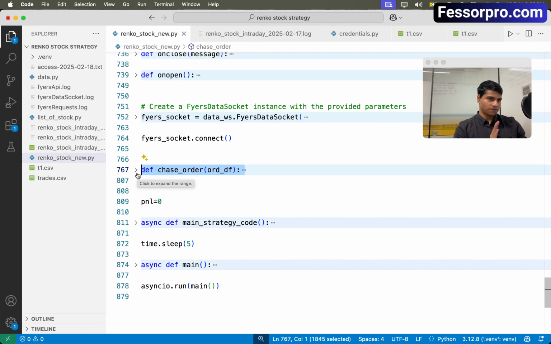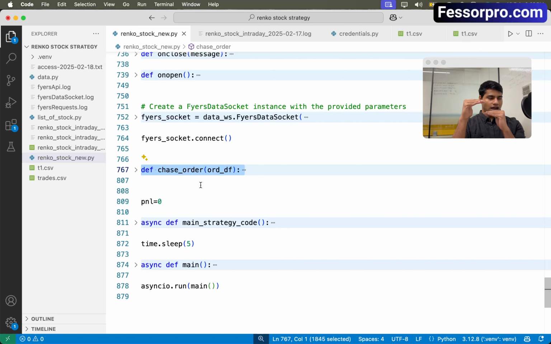So what I do in this function, I simply fetch all the orders from my order book, and I move my limit price toward the current price of that underlying, of that instrument. Let's say the current price of the stock is 102 and I've placed a limit order at 100. Now the market is not moving to 100, so my order is not getting filled.